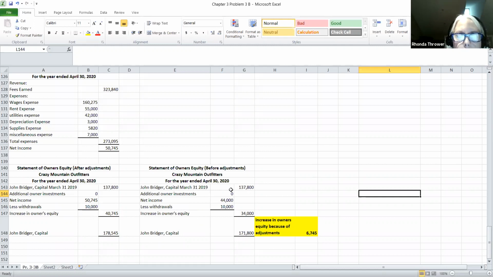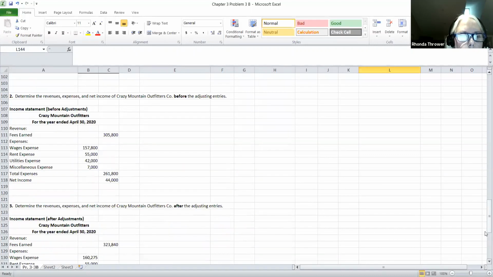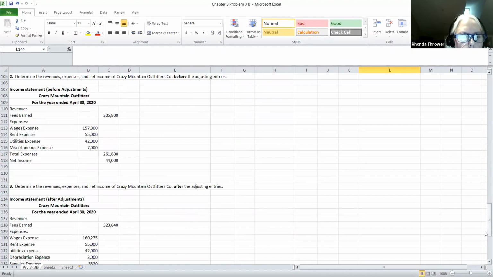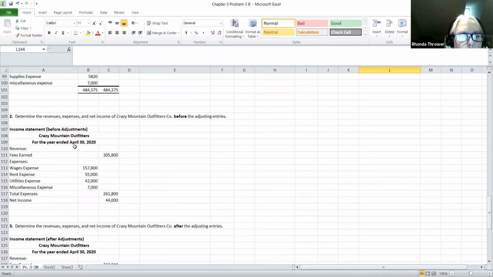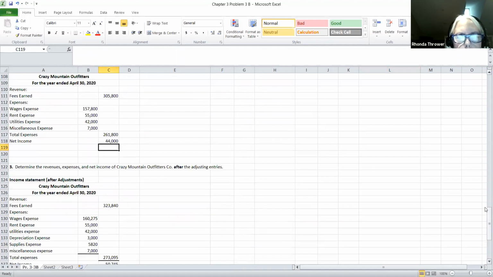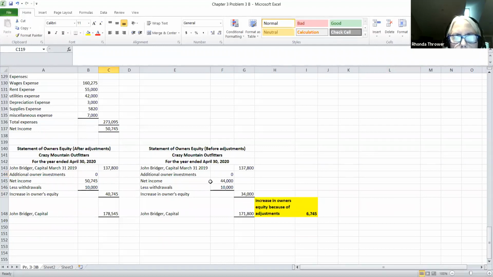Our beginning capital balance would have been the same. There were no additional investments, but the net income before adjustments were made, remember we figured it out up here, before adjustments are made, the net income was $44,000. So I just took that $44,000 and put it right here.